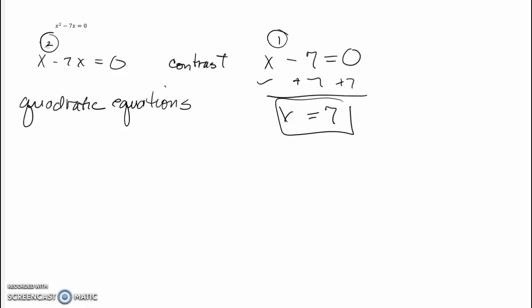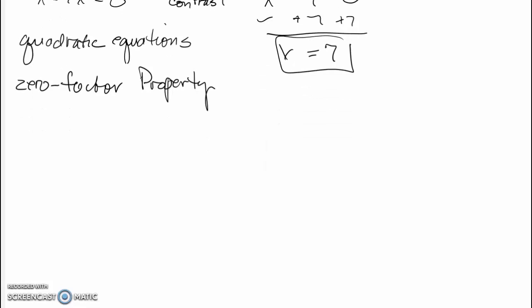You have to use a new method, and the method is called the zero product. Or you know what, some books call it the zero factor property, and once you know that, you'll be able to solve this kind of equation.